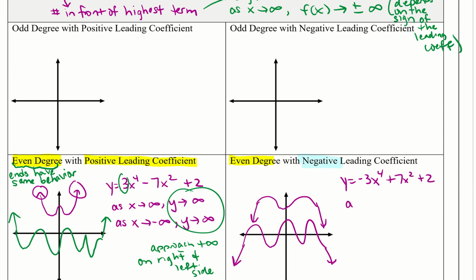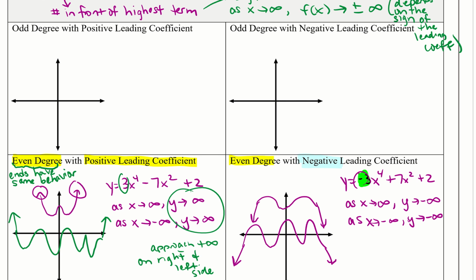For this one, as x approaches positive infinity, because we had a negative leading coefficient, that will determine the behavior on the right-hand side. Y will go to negative infinity. It'll go down. It'll match this sign right here. And because we have an even degree, the right side and the left side will match in the type of behavior they approach.